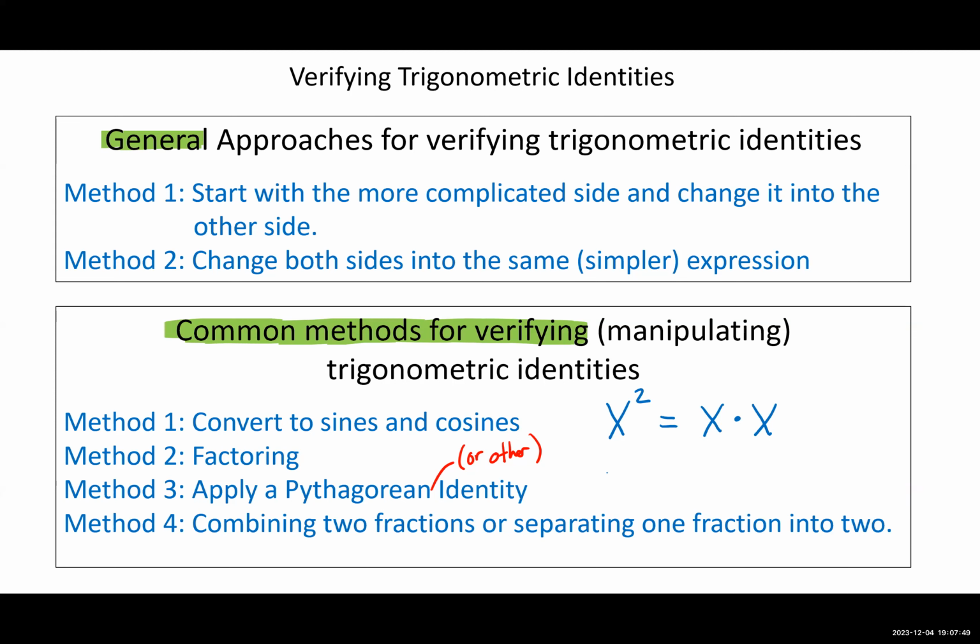For example, you may want to take sine squared and rewrite it as the sine of x times the sine of x. Sometimes that becomes helpful. Maybe it will in one of these 5 problems. We will see.